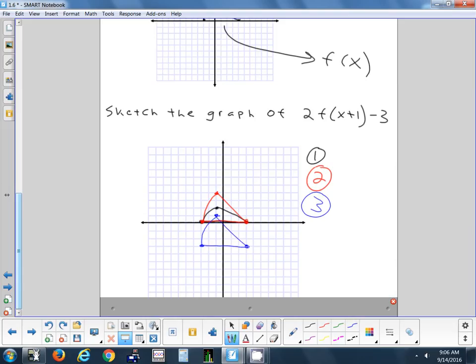Okay, so this is one that really tests if you know how to do the transformations because you don't have a formula. You can't plug stuff in, you just have to do it visually. Okay, and that's how I do it. Just do it one step at a time. Okay, any questions on that? And then the third one is right there.